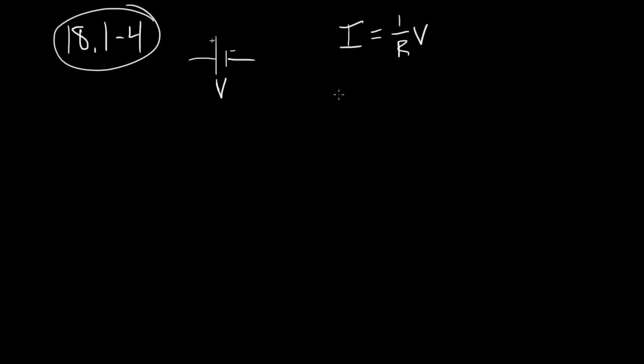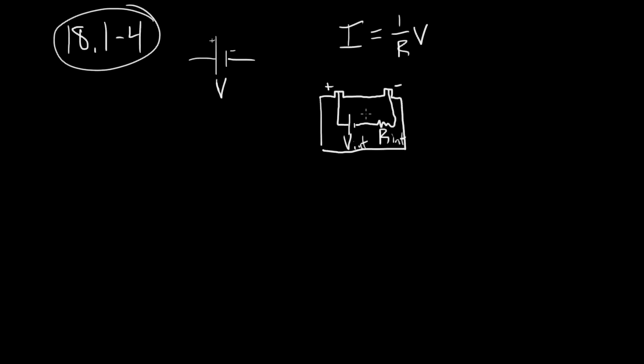In the battery, I use, as a model, so let's call this the positive terminal and the negative. I use something that I call V internal and R internal. So here's R internal, here's V internal.